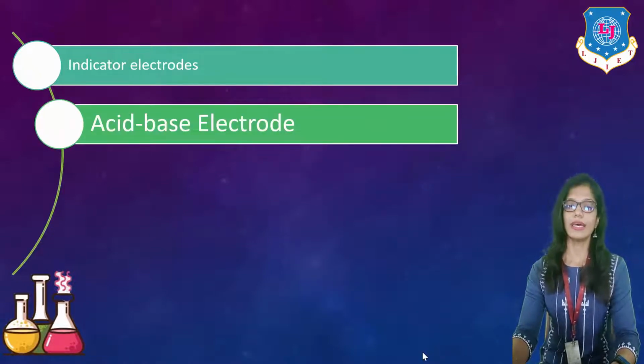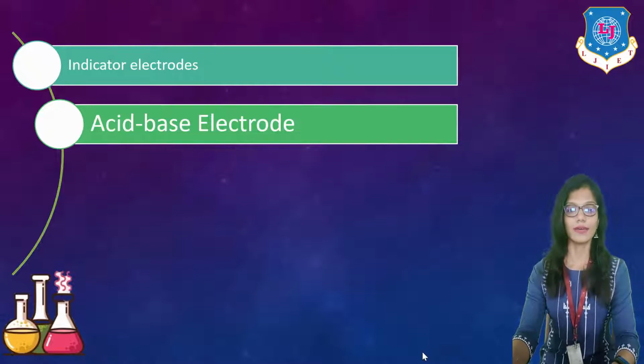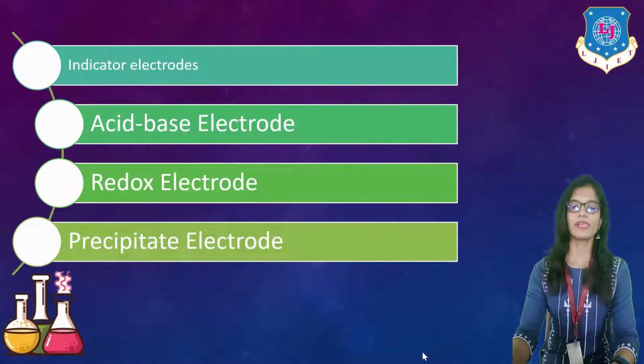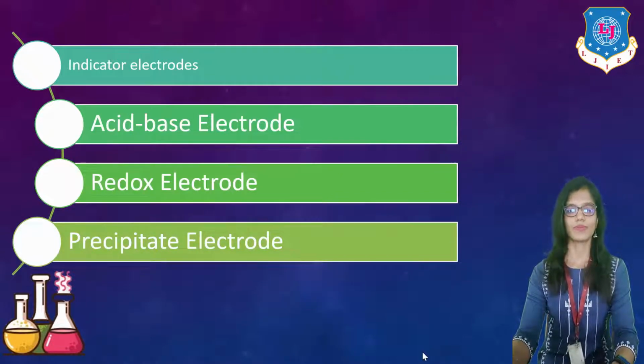Now let's see which types of electrodes will be taken as indicator electrodes. Number one is the acid-base electrode. Number two is the redox electrode. Number three is the precipitate electrode.